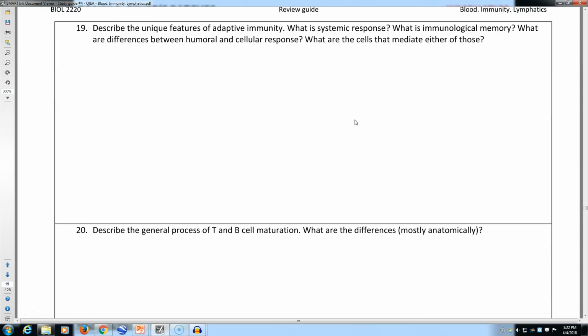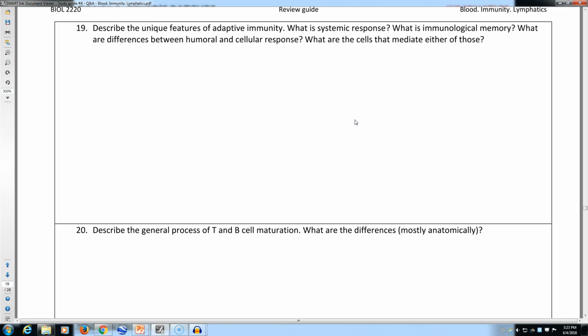So adaptive immunity. Do you understand the idea of systemic response? I can give an example so it sticks better. When you have a cut, the edges of the cut, how do they look sometimes?